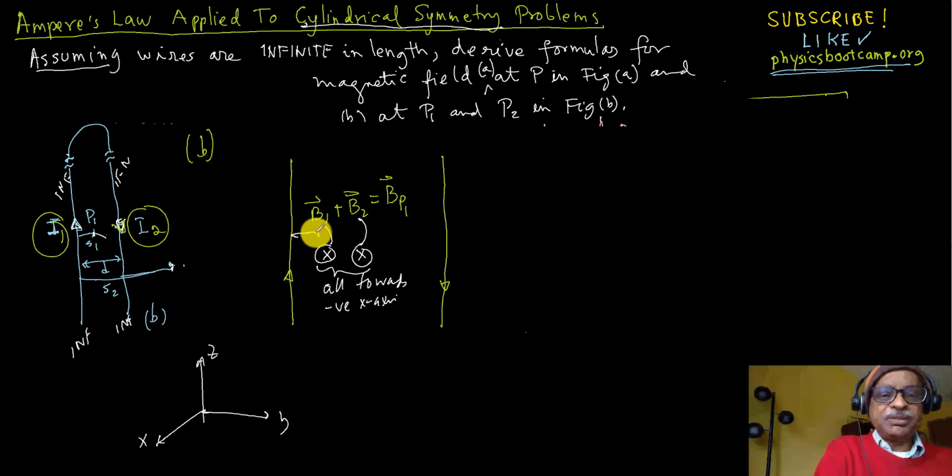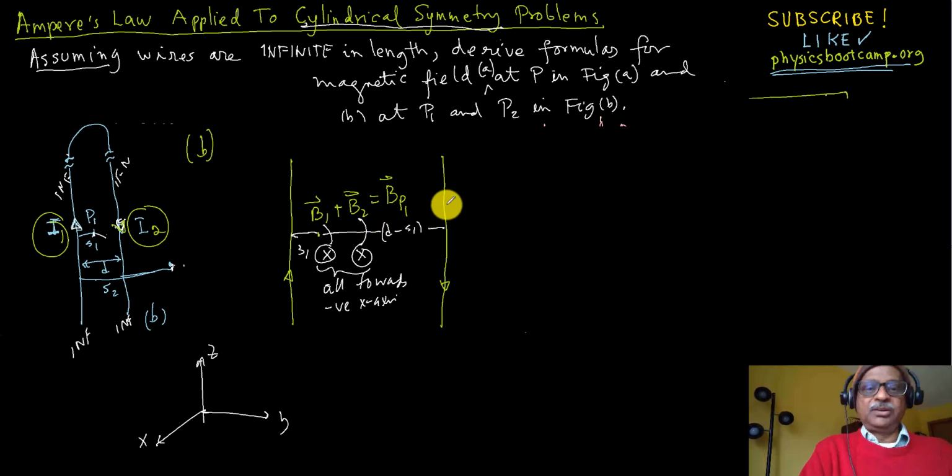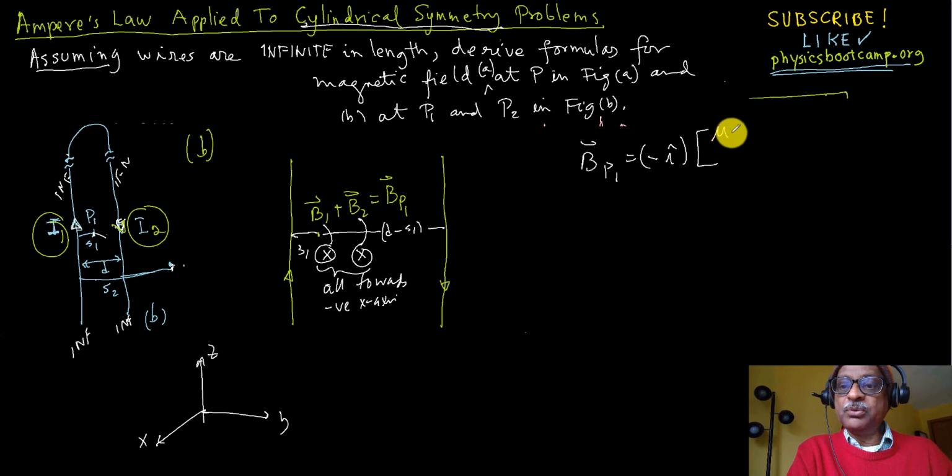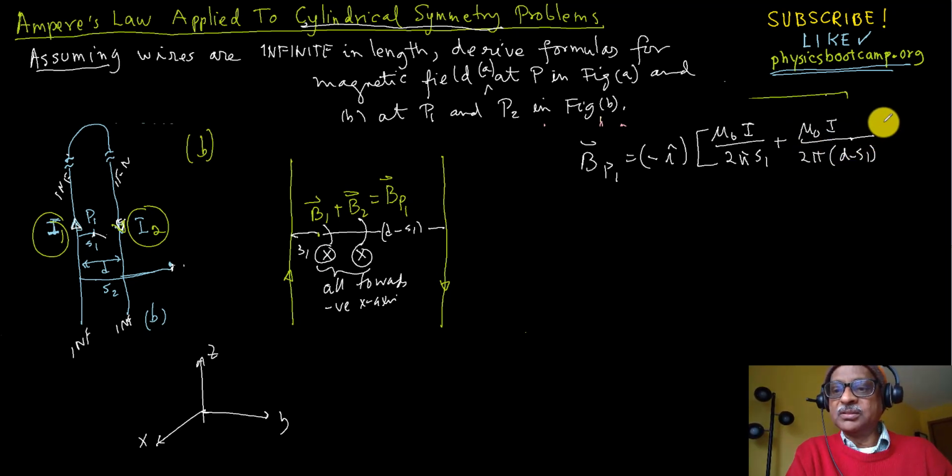What will the magnitude be? B1 will depend on that distance S1, and this one will be D minus S1 from there. So the answer for B at P1 will be minus i hat, that's the direction for both of them, times mu naught I over 2 pi S1 plus mu naught I over 2 pi (D minus S1).